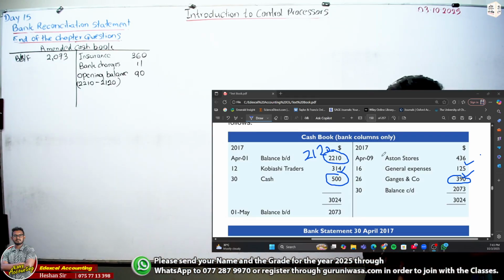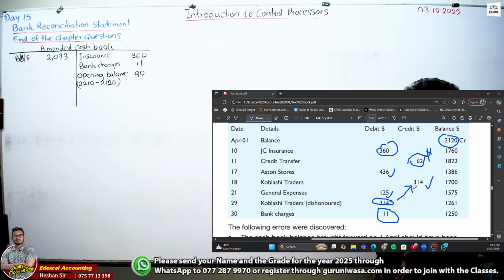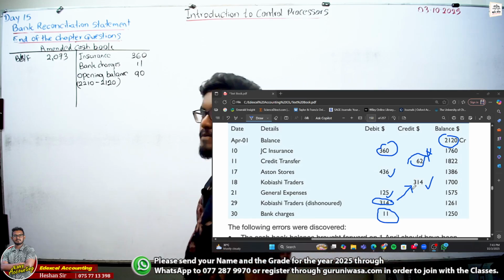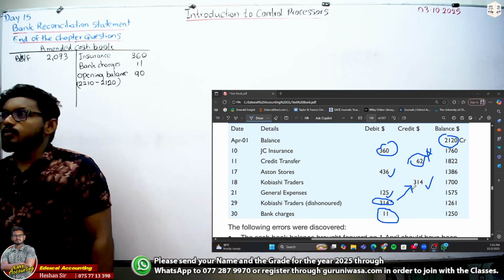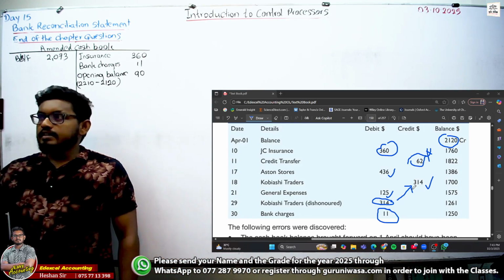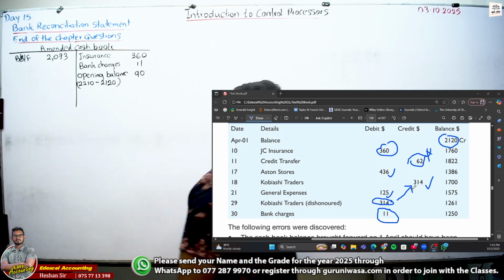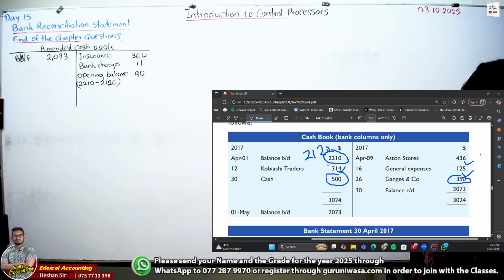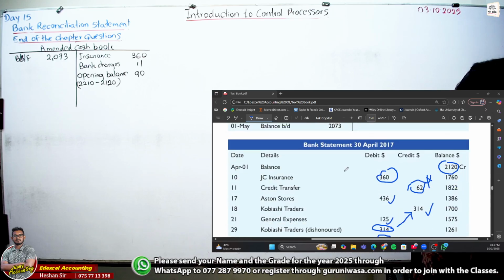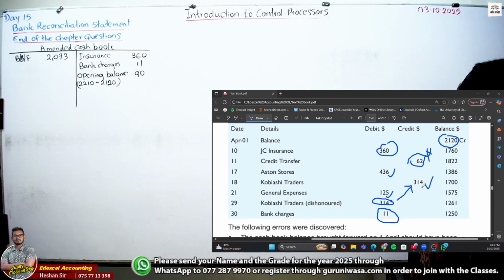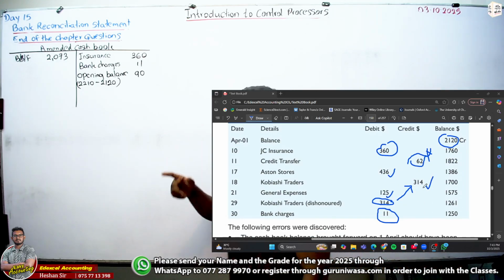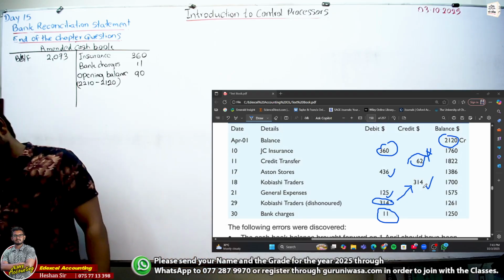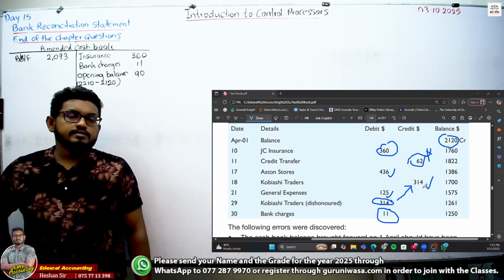Next one. Apart from that, there is another thing, the dishonoured cheque. We should check this 314. We deposited this one, so we debited it in the bank account and it was credited to the bank.